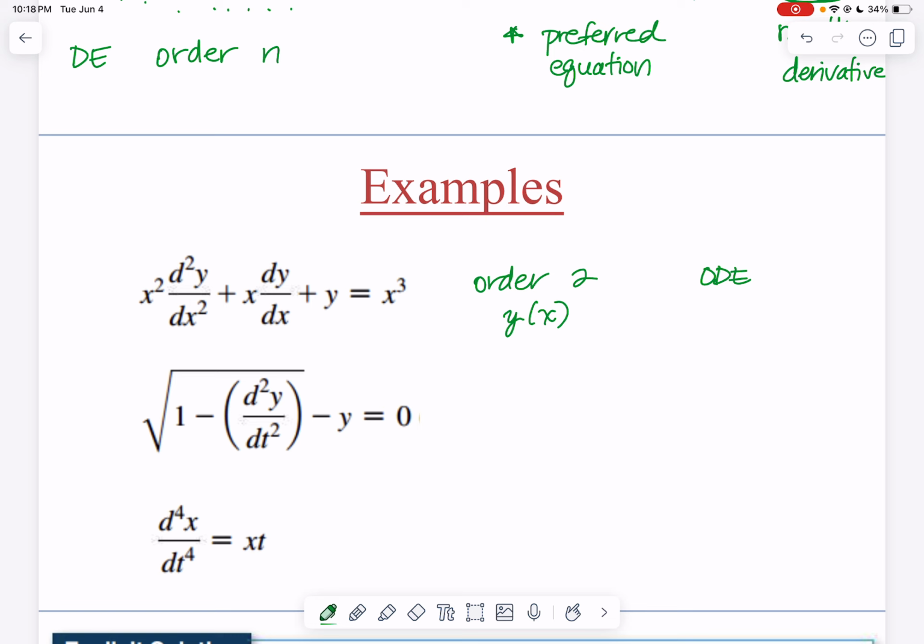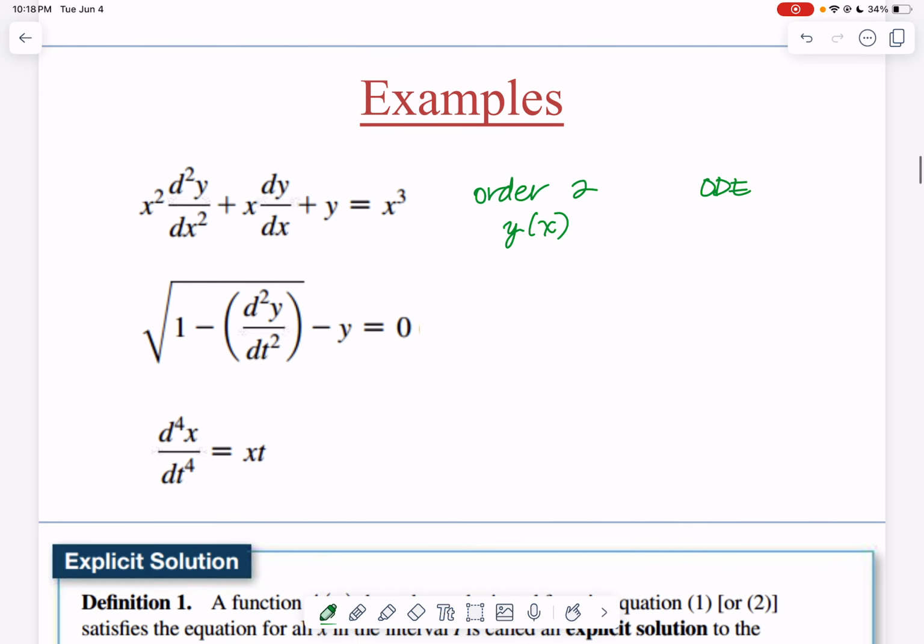And in this second equation, we have order 2 again because of this second derivative there. And we have t as our independent variable and y as our dependent variable. And again, we have an ordinary differential equation.